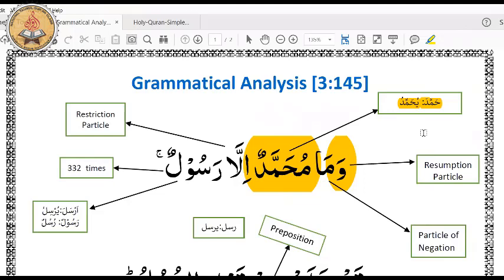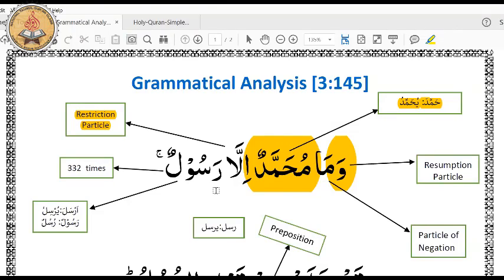It is totally negating someone, and then a powerful window of exception is opened, called a restriction particle. So the meaning is restricted, well defined, and the window of exception is open.